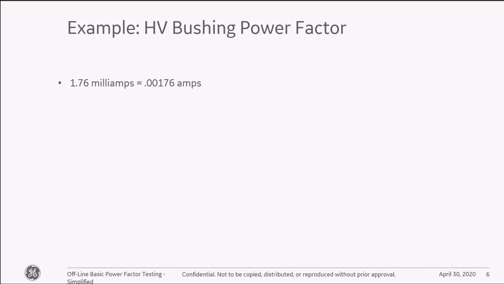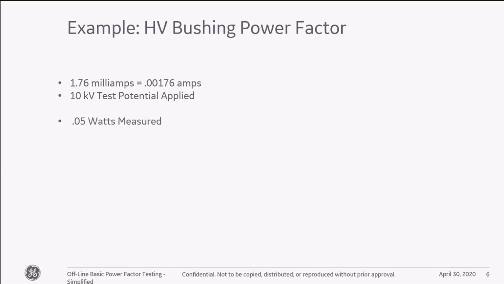Not all of them, but if you took a 138 kV oil-filled bushing in a transformer, you might be somewhere in this general vicinity, 1.76 milliamps or 1,760 microamps. But you have to convert that to amps in order to calculate the power factor across that capacitor, and we'll talk about that capacitor in a moment. You apply 10 kV test potential, provided the equipment is rated for it, and most substation equipment is.